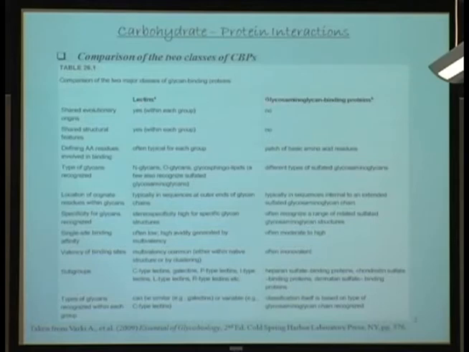Lectins and GAG binding proteins: if you look at shared evolutionary origins, lectins have significant similarity. GAG binding proteins have essentially minimal similarity. They are scattered all over the place. Okay? And therein lies the challenge. Structural features, because of this, are obviously fairly similar for lectins. Here, because of the absence of this, there is essentially no structural similarity.